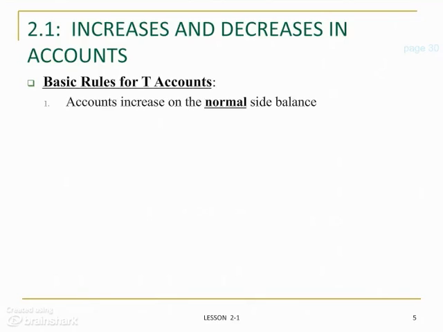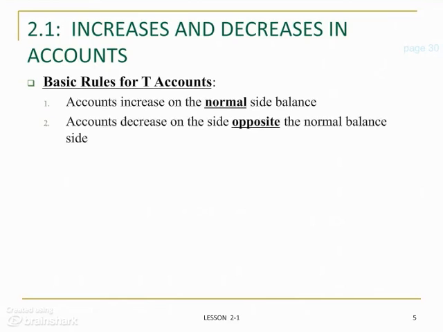Accounts increase on what we call the normal balance side. So you have to keep going back to those rules from this previous slide where the normal balance side is for each different type of account, because accounts always increase on their normal balance side. Second, accounts decrease on the side opposite their normal balance side.